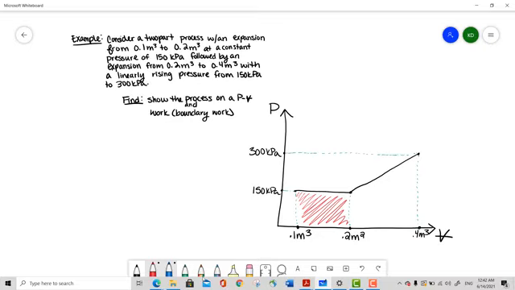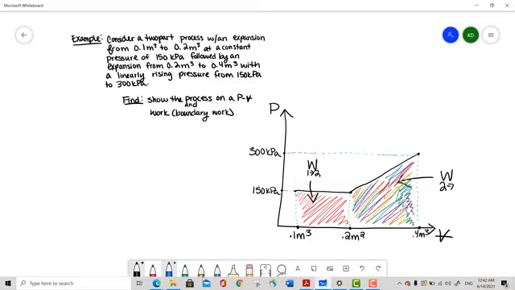So we know that this is work from 1 to 2. And then we have some more work. Ooh, let's do rainbow pen. And then what kind of work is this?